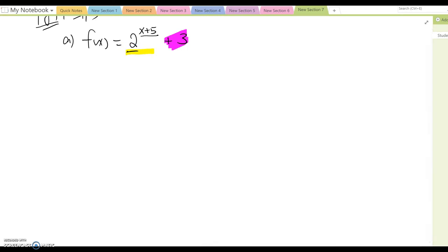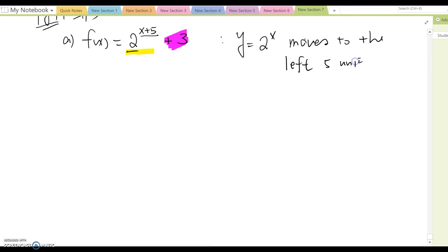Then how can we conjecture this one? In this case, y = 2^x graph moves to the left 5 units, right? So that's the first one here.